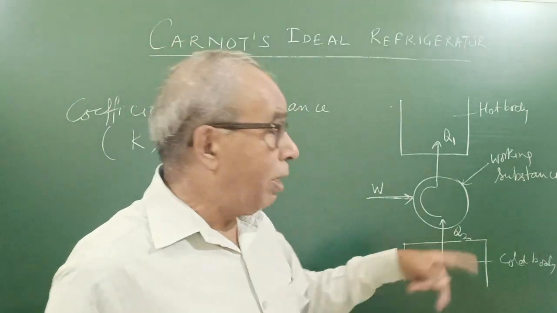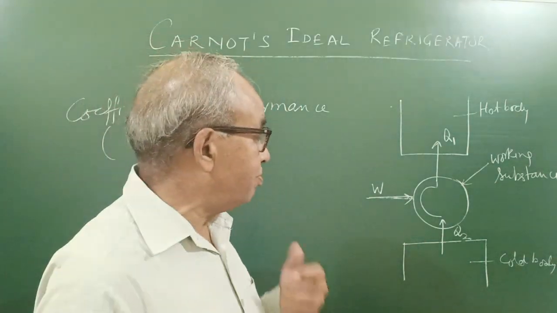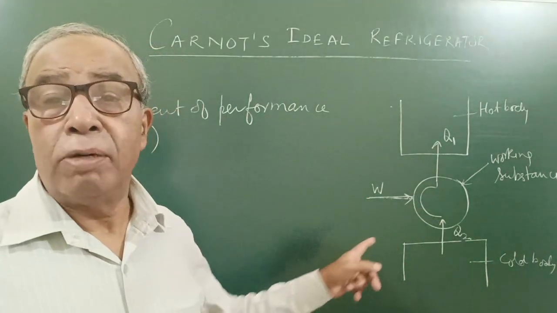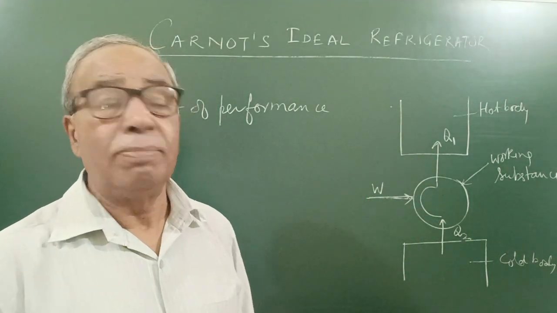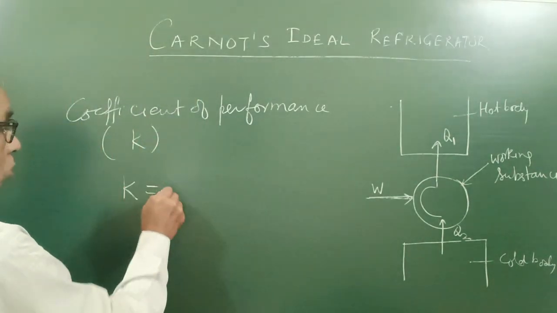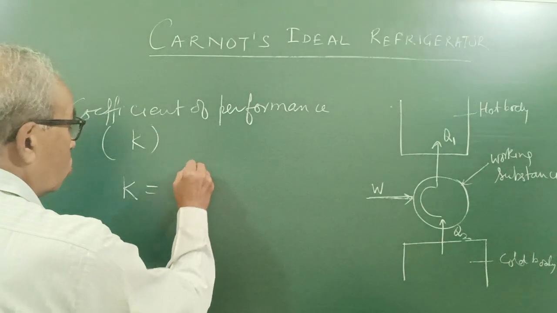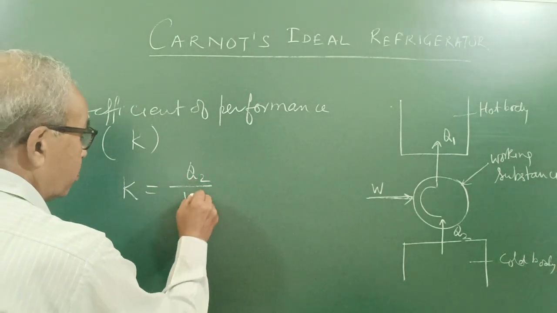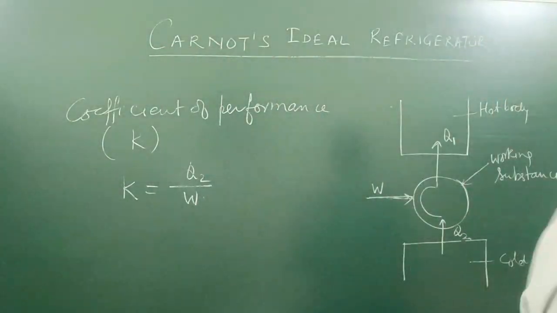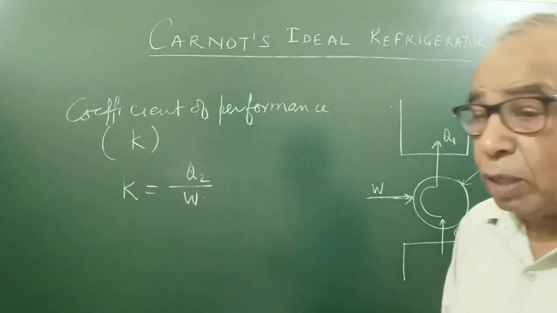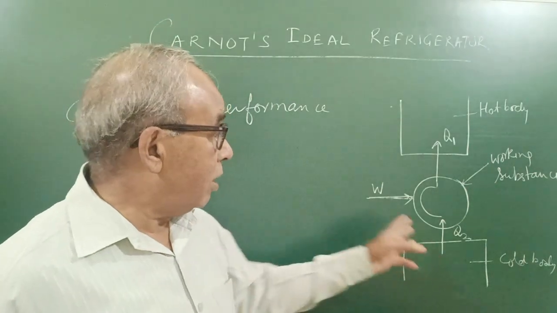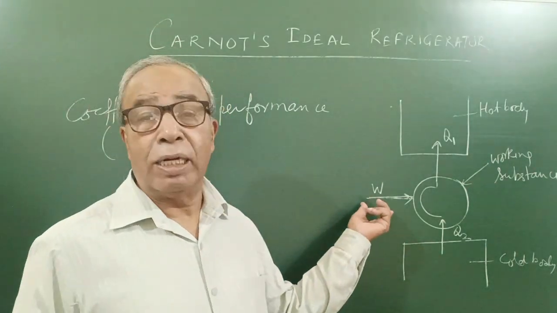The amount of heat extracted from the cold body per unit work done is called COP, coefficient of performance. That is, K is equal to Q2 upon W. Simple. A refrigerator is said to be a good one if it takes a large amount of heat on a small expenditure of work done.